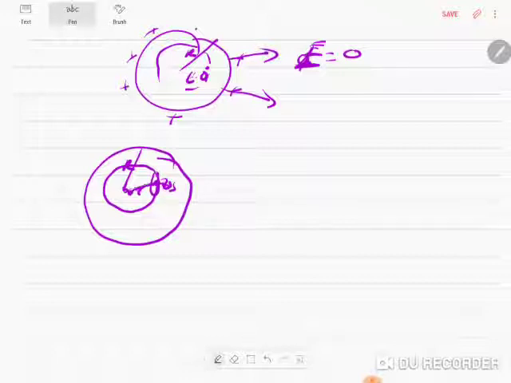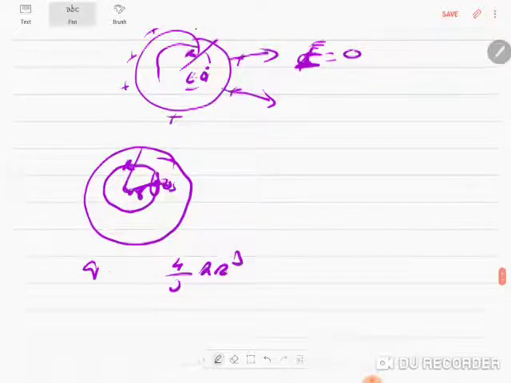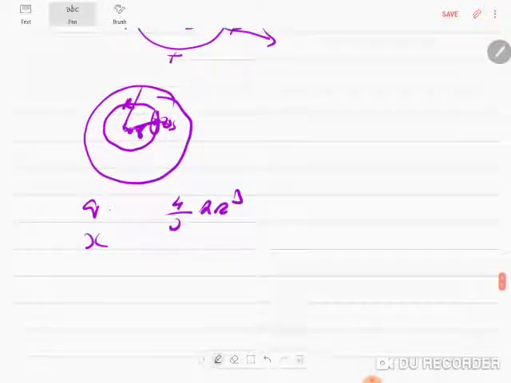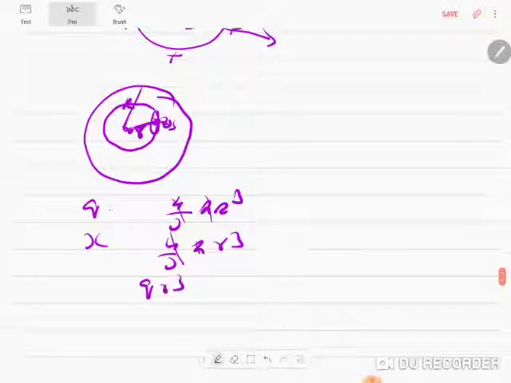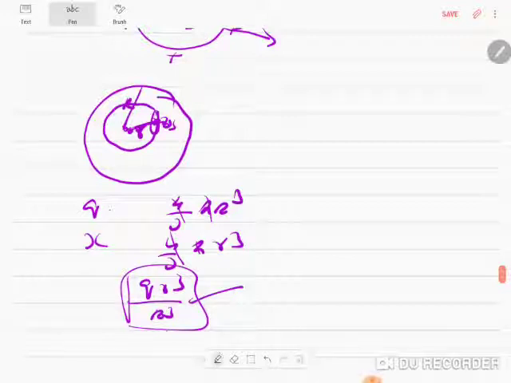The electric field will also be outward, because it's a solid sphere. Inside also there will be charges evenly distributed. So let's consider that Q is the charge for the total volume 4 by 3 pi R cube. What will be the charge for 4 by 3 pi small r cube? Q into small r cube by capital R cube. See, I am doing the apple portion. So I have found the charge pertaining to the small sphere.